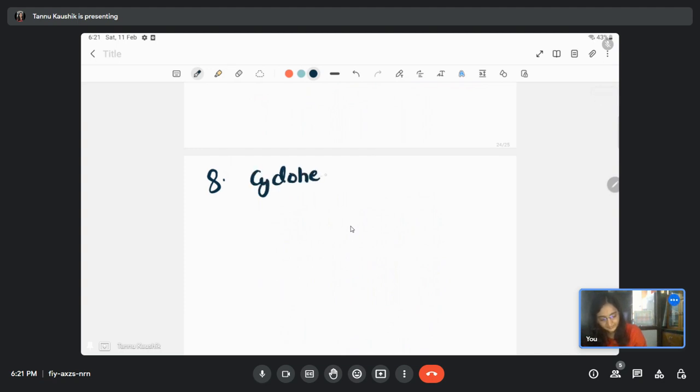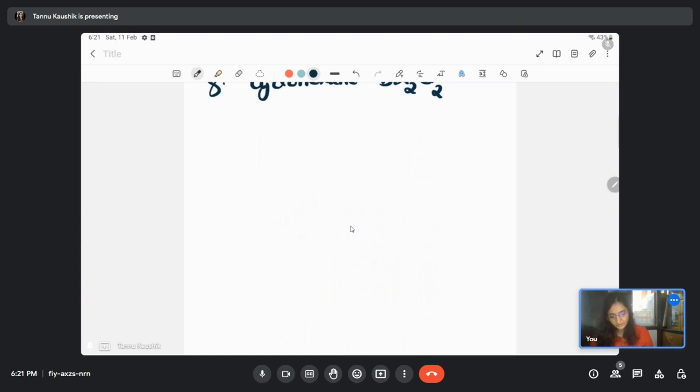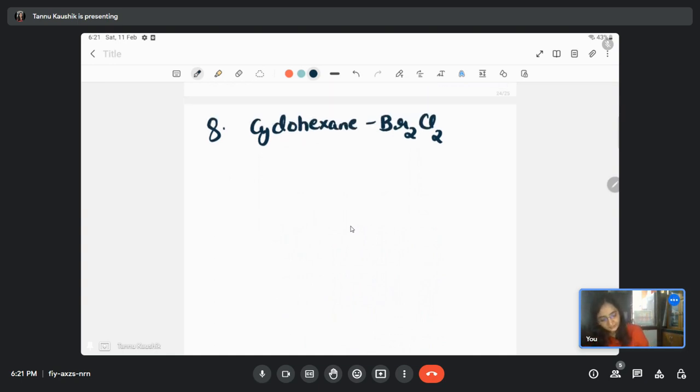which is cyclohexane with Br2 and Cl2 substitution. So I'm taking the chair form of cyclohexane here. Firstly, I will show you a representation of it in the plane.